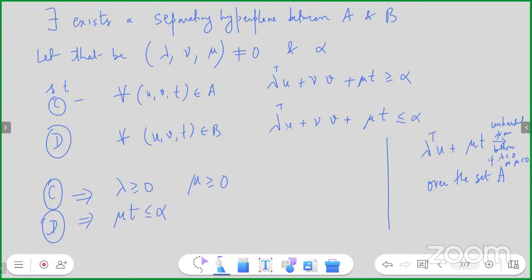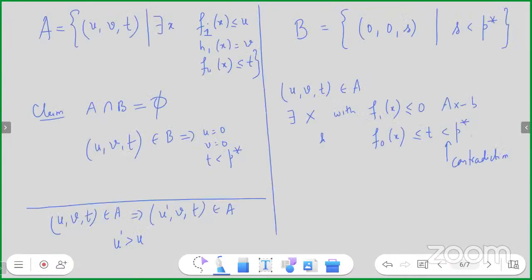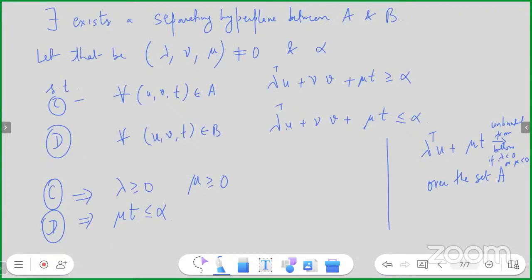And T is what with respect to P star? Here, any U, V, T implies what with respect to P star? T is equal to P star. Yes, and why?